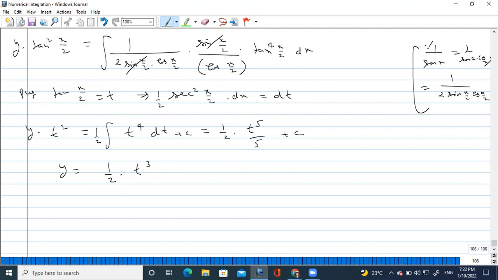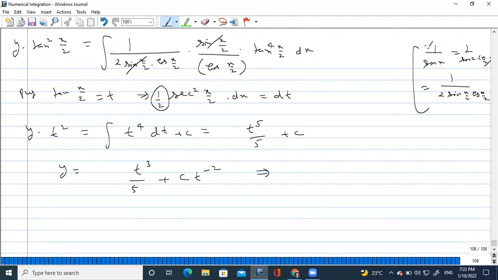One second, this 2. This 1 by 2 also I have to utilize, no? So this 1 by 2 will be gone with that sec square x. So 1 by 2 will not be remaining here. Okay, so it will be t cube by 5 and plus c t to the power minus 2.